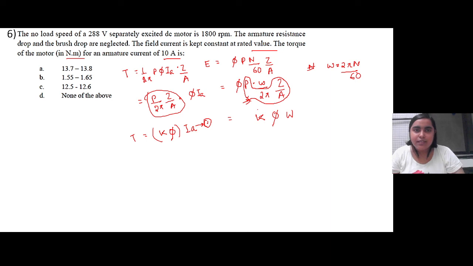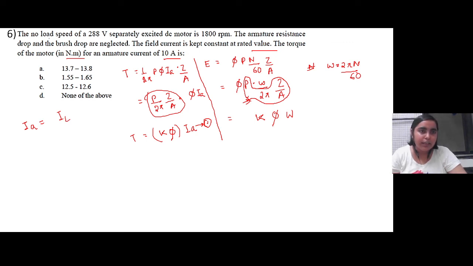Now in this case, we have the RPM, which is given as 1800. The no load speed of a 228 volt separately excited DC motor is given. In this case, since there is no load, in case of a separately excited DC motor, Ia is equal to IL, the armature current is equal to the load current.